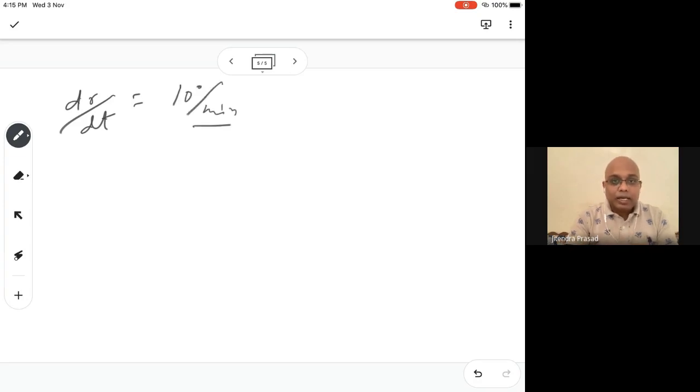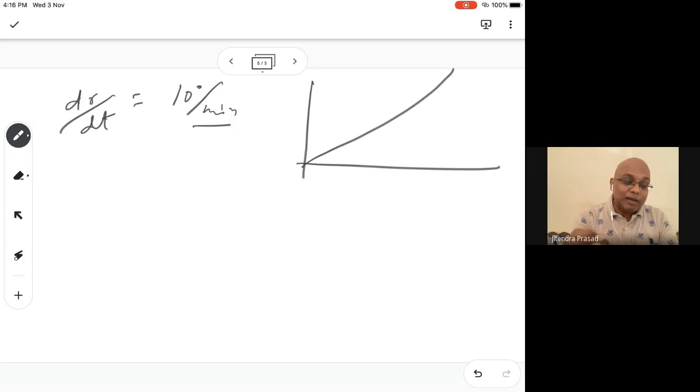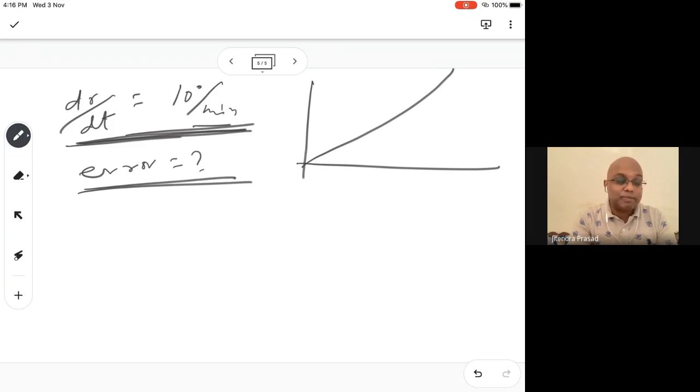How much error does the thermometer show? So that really means this is the ramp basically. This is the ramp, and dr over dt is given. This is how it is changing. Then we have to find out how much is the error in the thermometer. So error equal to what? So how to solve it?